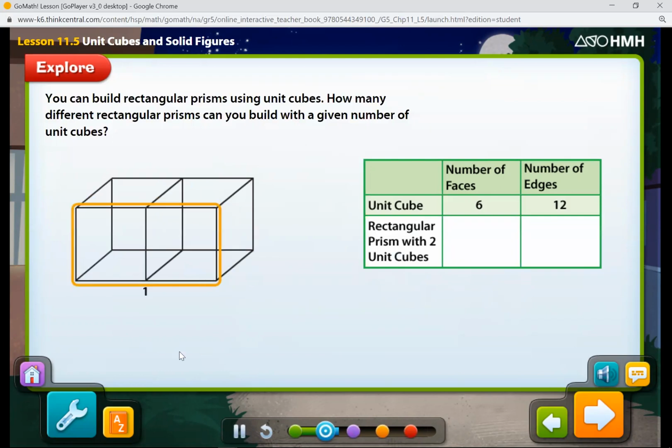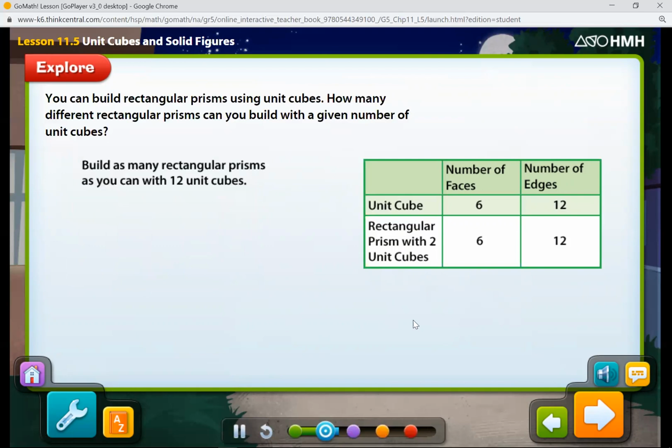It has 1, 2, 3, 4, 5, 6 faces. How many edges does the rectangular prism have? It has 1, 2, 3, 4, 5, 6, 7, 8, 9, 10, 11, 12 edges.